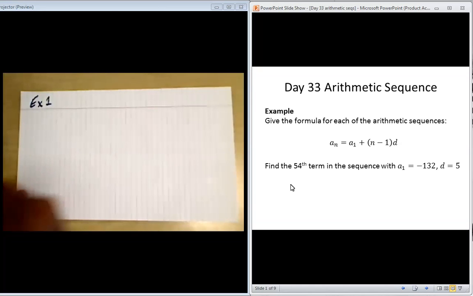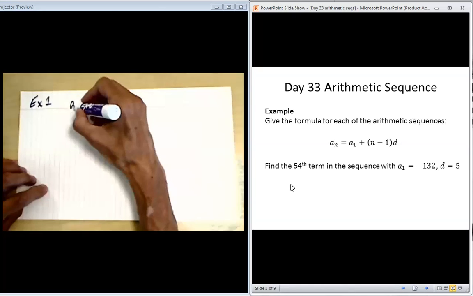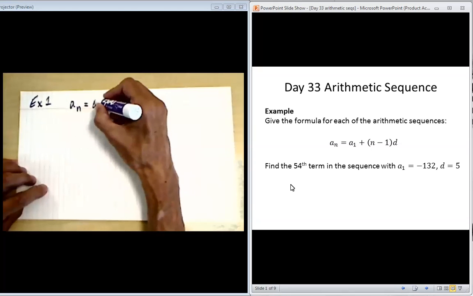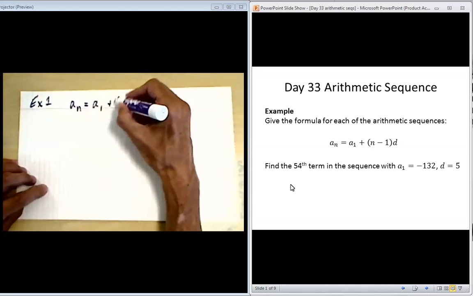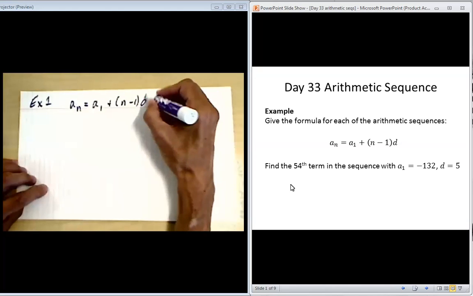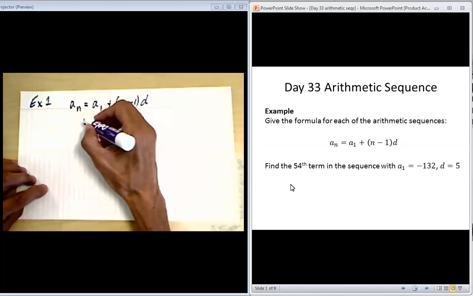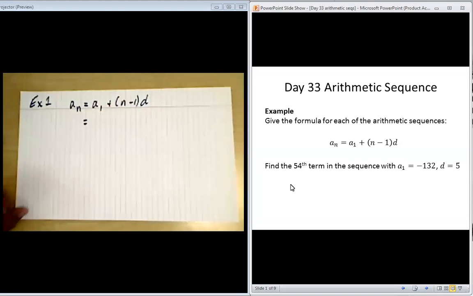Okay, so if we have AN is equal to A1 plus N minus 1 times D, how can we update it with what we have? How can we update it from the info in the question there?